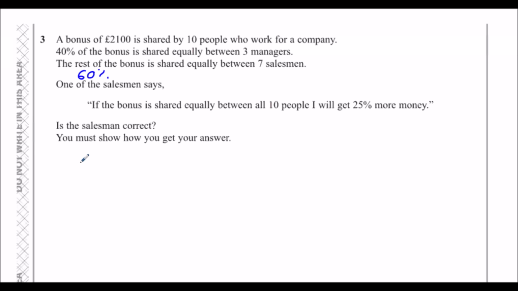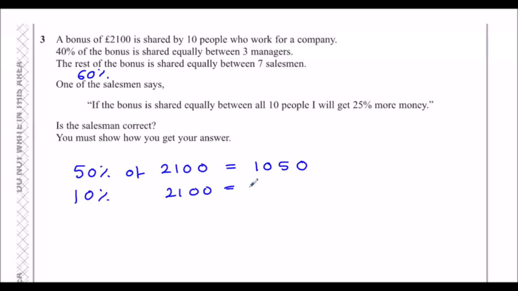So 50% of 2,100 is half of 2,100, which is £1,050. 10% of 2,100 is 2,100 divided by 10, which is 210.